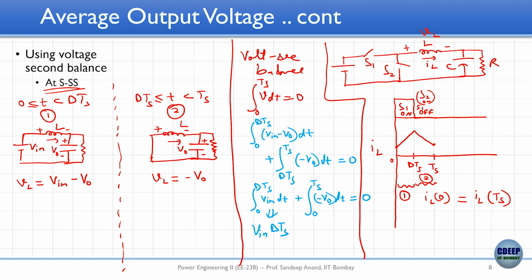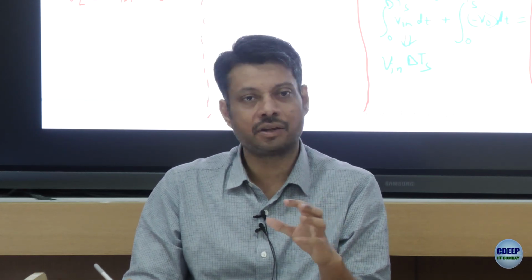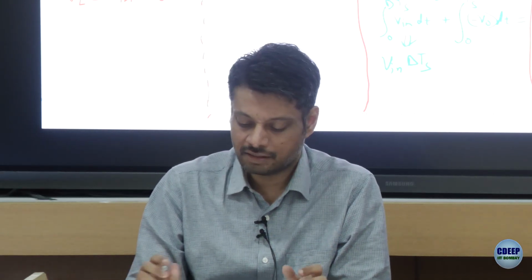If Vin is constant, it is equal to that constant Vin multiplied by d into Ts. As far as this course is concerned, in the ideal scenario Vin will be constant. The reality may not necessarily be very stiffly constant, it may still be fluctuating, but for all practical purposes as of now we assume Vin to be constant for all the circuits that we analyze in this course.